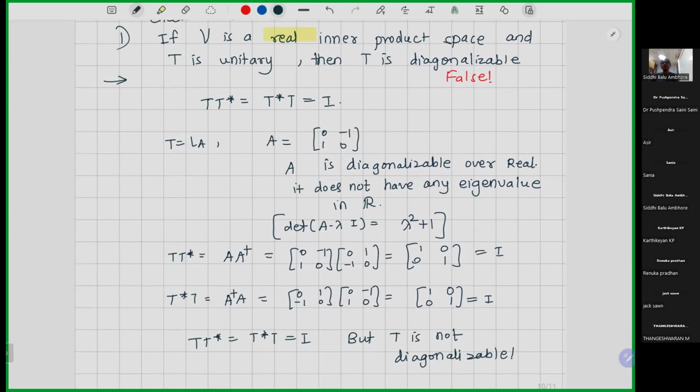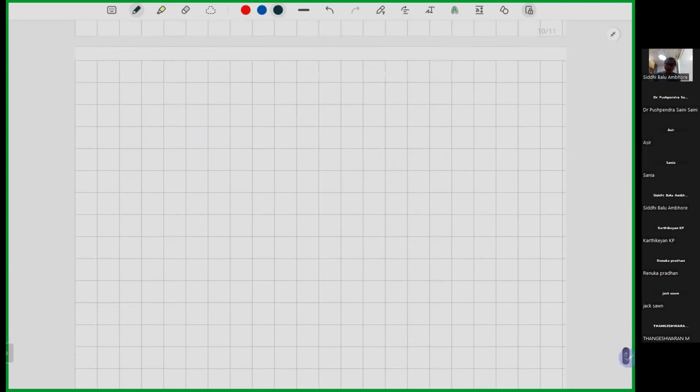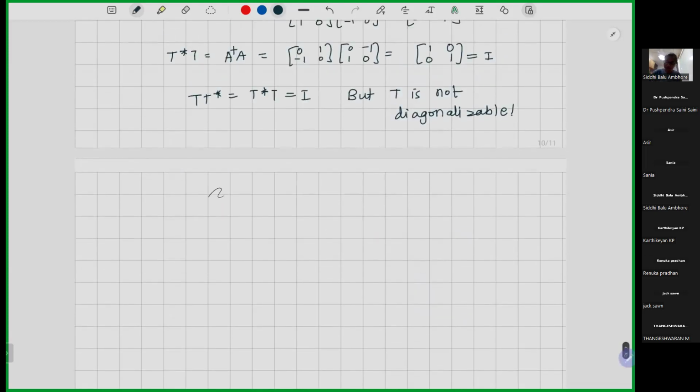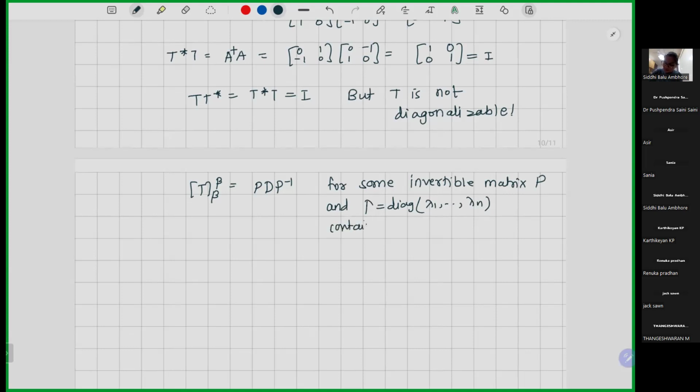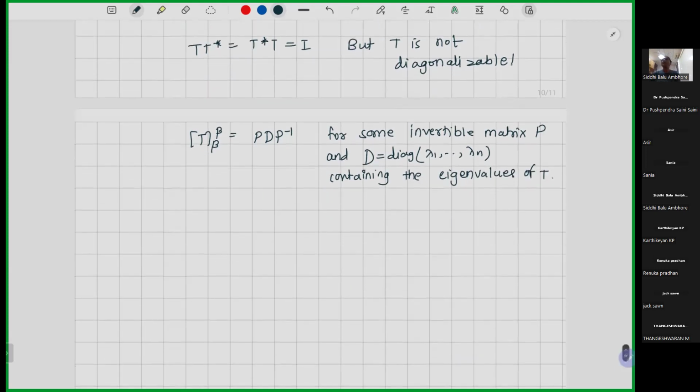Ma'am, can you just once more tell when we say that a matrix is diagonalizable? Okay, so T is diagonalizable if we can write the linear transformation matrix of T as PDP inverse for some invertible matrix P, and D is equal to diagonal lambda 1 to lambda n containing the eigenvalues of T. And we had conditions that T will always be diagonalizable if T has n distinct eigenvalues.